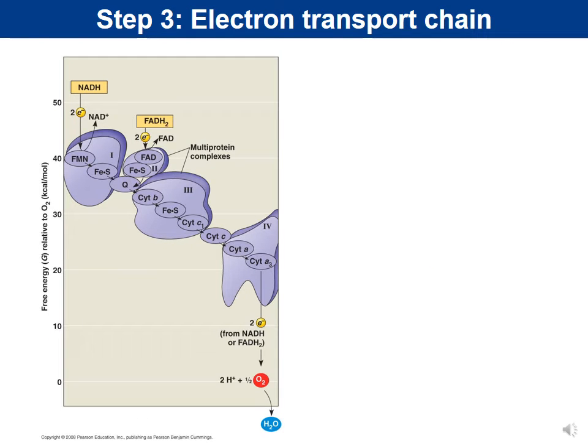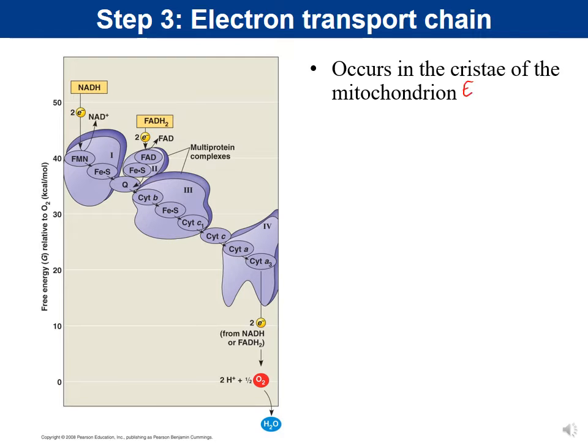So we're going to move on to step 3, and we're going to talk about the electron transport chain. So if we're talking about eukaryotic cells, in eukaryotic cells, this is going to take place in the cristae, which remember is the inner membrane of the mitochondria.